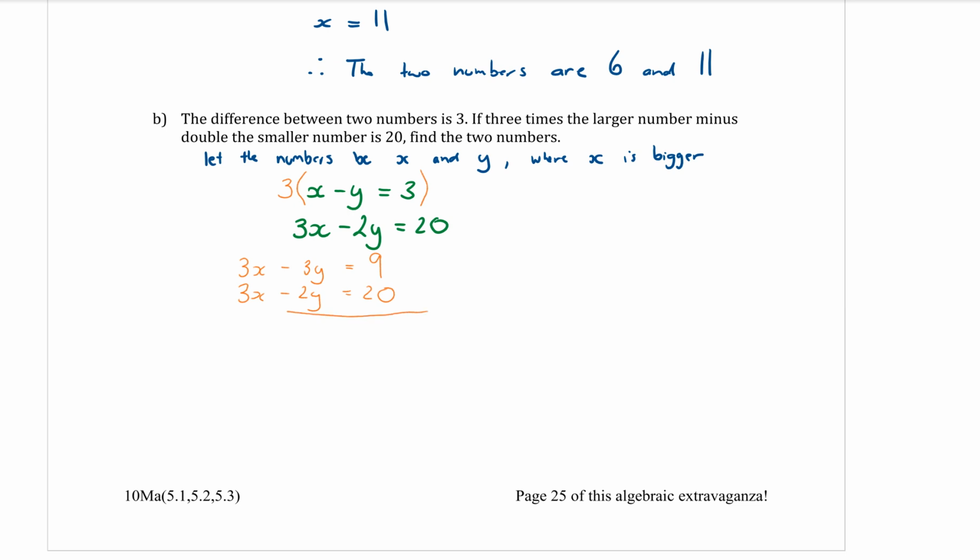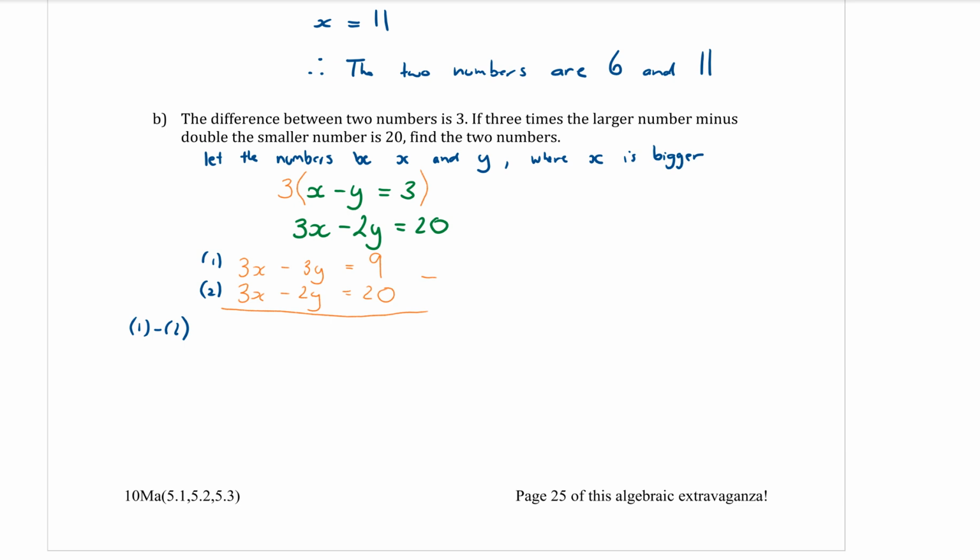To make them cancel, do I need to add or subtract those equations? Subtract. Because they're both positive, to make them cancel, I need to go 3x minus 3x to get nothing. So equation 1 minus equation 2. 3x minus 3x is no x, they're gone.